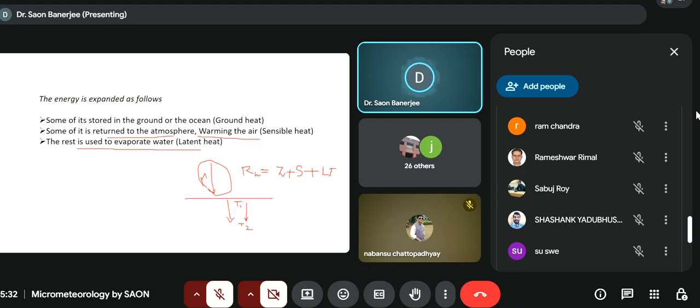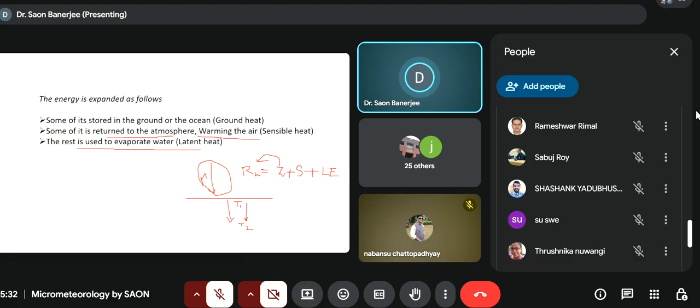So this equation is very important. Rn equals G plus H plus Le, or you can write Rn plus G plus H plus Le equal to 0. You can take all of this to one side, whether plus or minus, and it will give you zero.